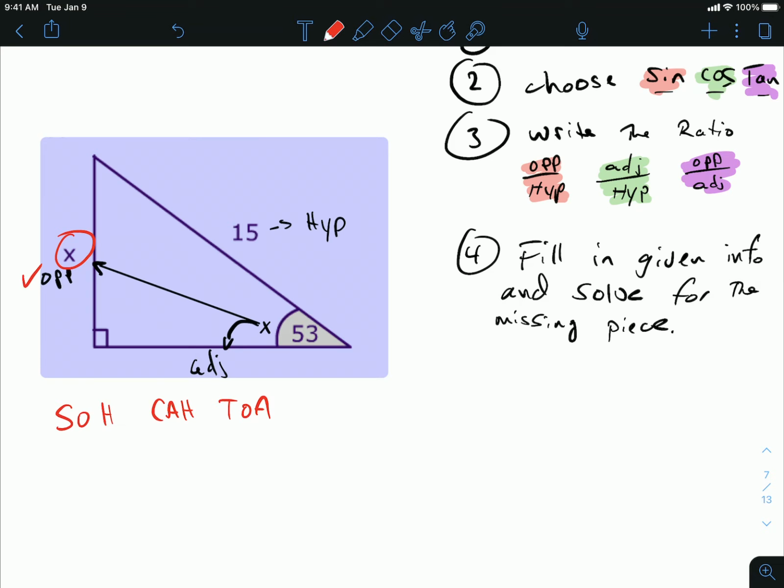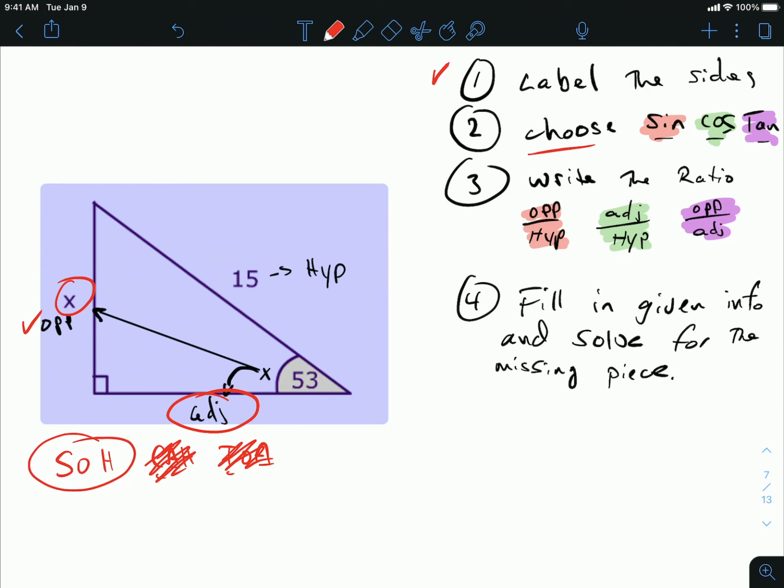If I don't care about adjacent, I'm going to eliminate the primary trig ratios that involve the adjacent side length. So where's the A? Well, there's one, and there's another one. I don't care about cosine and tangent, which leaves me with sine, right? So I've chosen sine for this question.